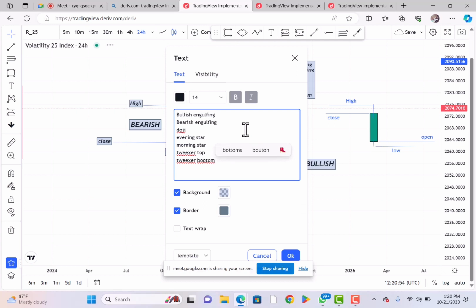Sorry, the spelling of this one is wrong. Yeah, you have tweezer top and tweezer bottom.